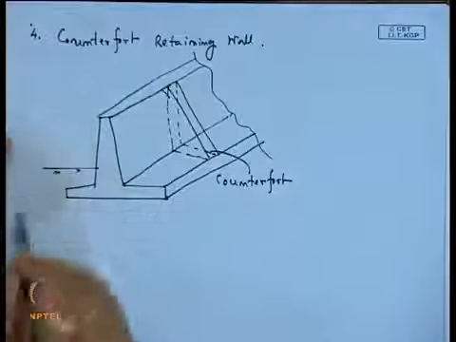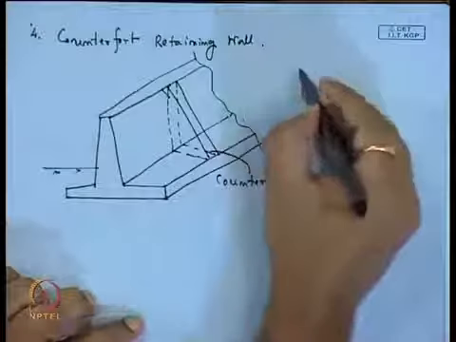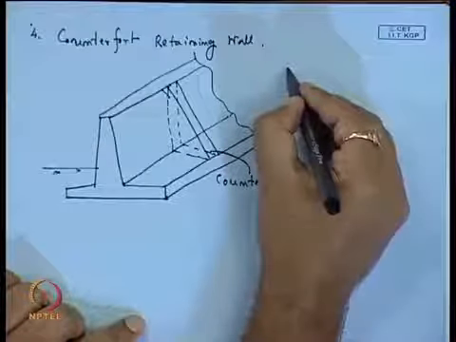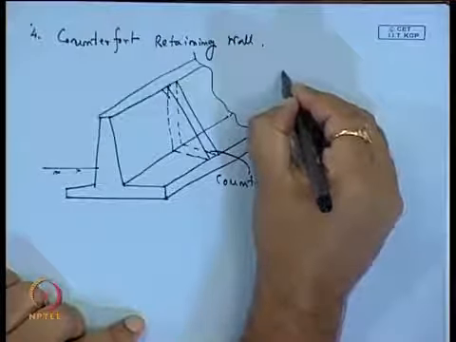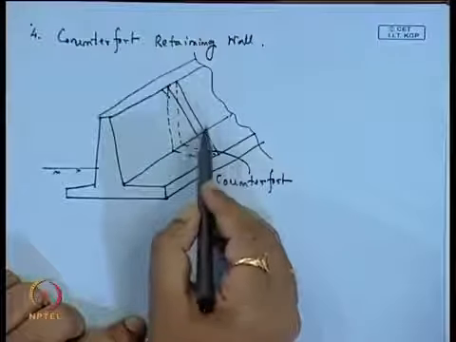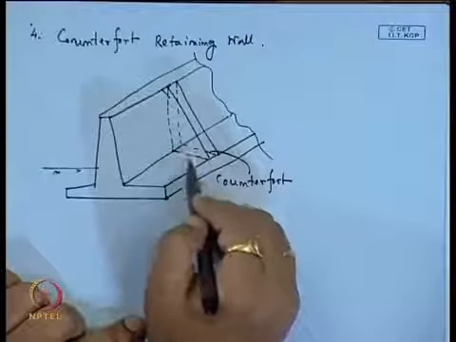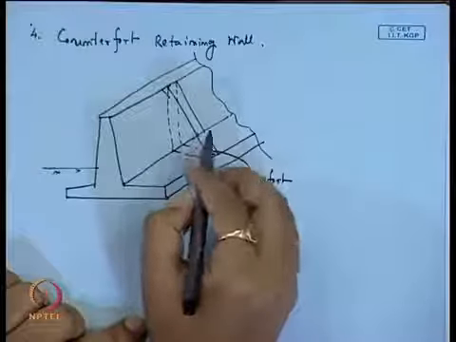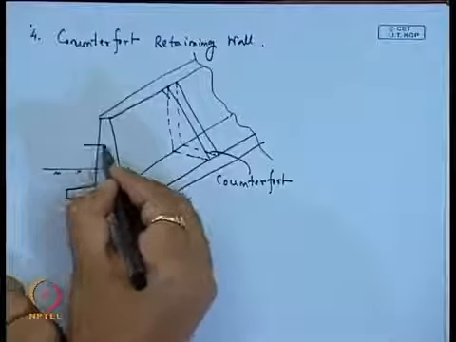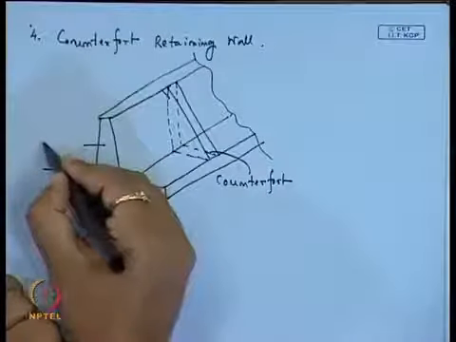The purpose of using these counterforts in this type of retaining wall is to reduce the shear force and the bending moment in the vertical stem of the slab. This portion is called the stem of the retaining wall.